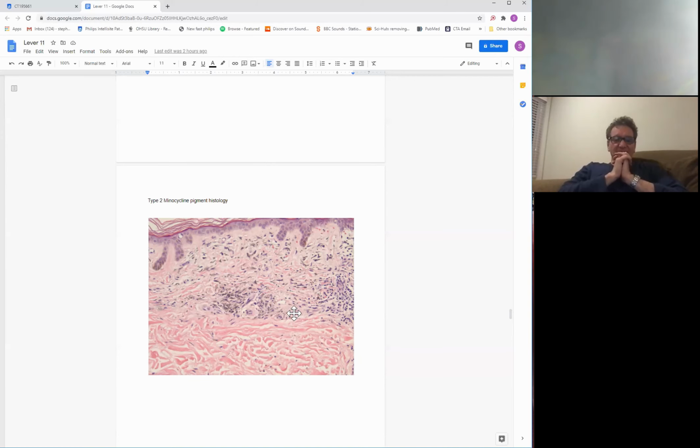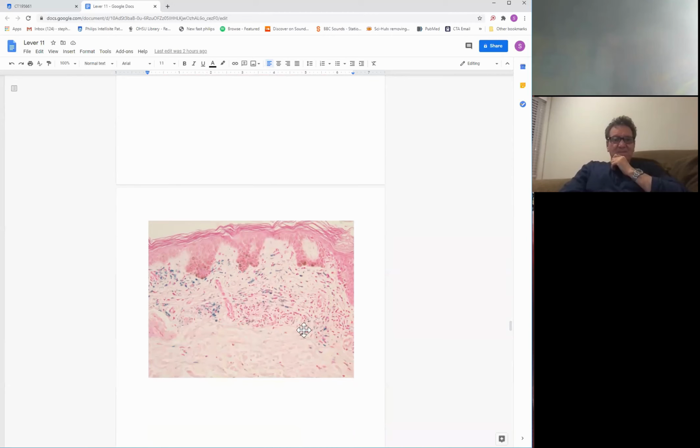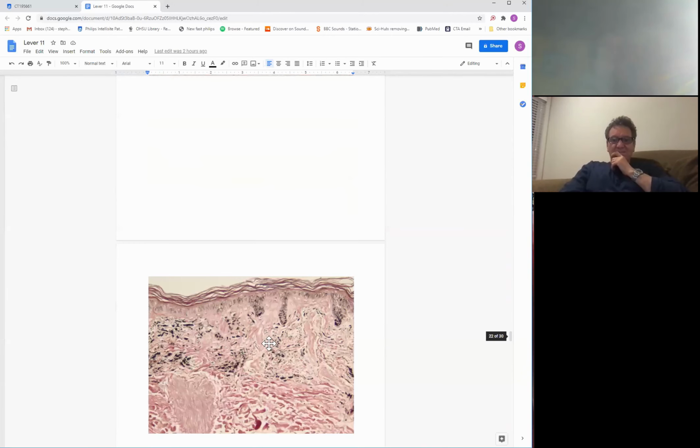Here's a Perls iron stain, which stains iron or hemosiderin blue, but it also stains minocycline pigment. So the same cells are staining with the Perls iron. And here's a Fontana-Masson stain, where you can see the internal control is staining the melanin in the basal layer black, and it's also staining the same group of cells.